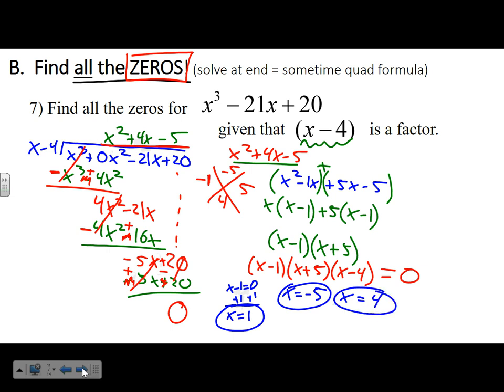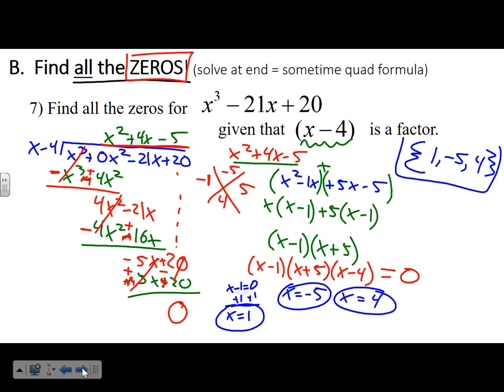Now again, if it's multiple choice, a lot of times they do it this way, where they draw, it's kind of sloppy, a brace, and we have 1, negative 5, and 4. If you want to put your answers that way, that's fine. If it's not multiple choice, you can do it the same way I did. Just make sure you're not using parentheses. Don't put the parentheses around them. That's wrong.